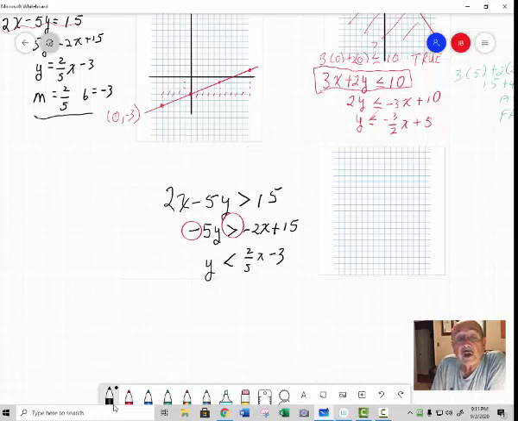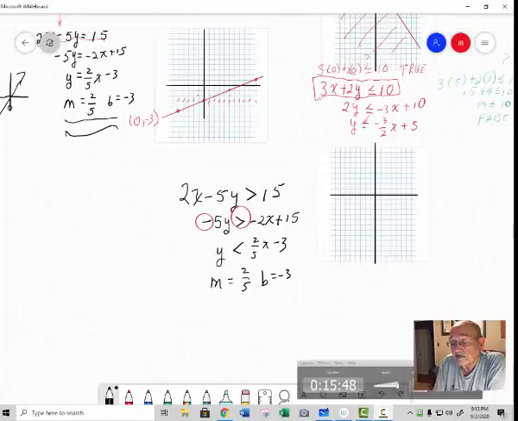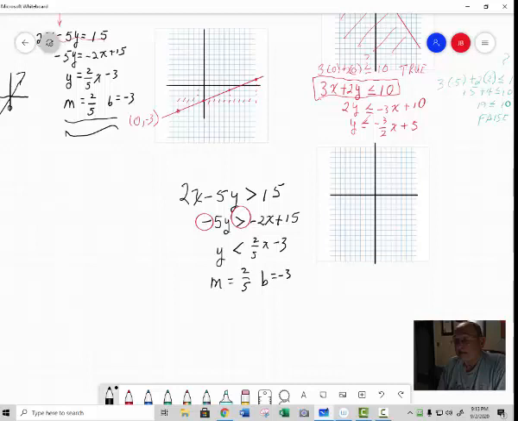Alright, so let's go to our graph and see what happens here. And I'll do this one in red so you can keep up with it. I know that my y-intercept is negative 3, and that's a little small, so let me zoom in just a little bit. -3 is my y-intercept. 1, 2, 3.